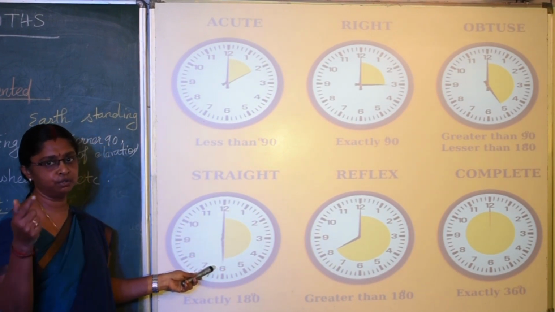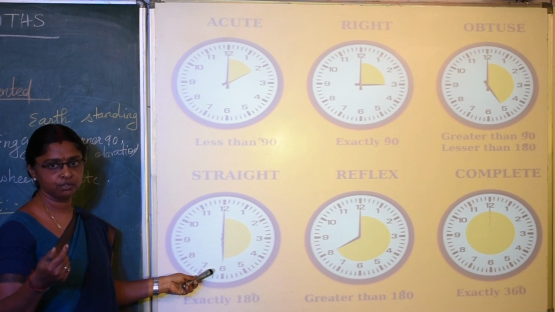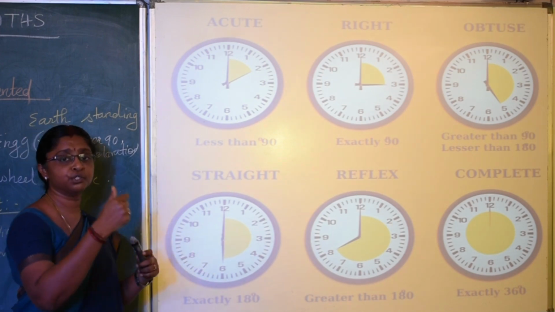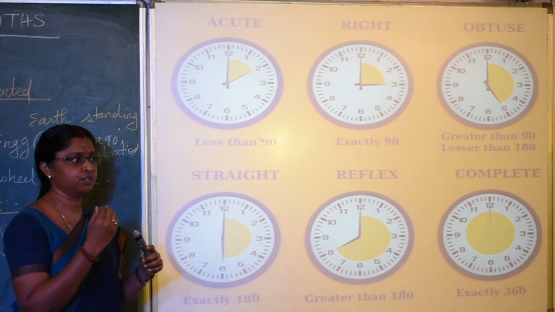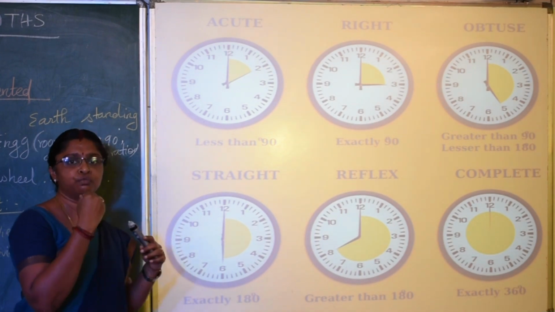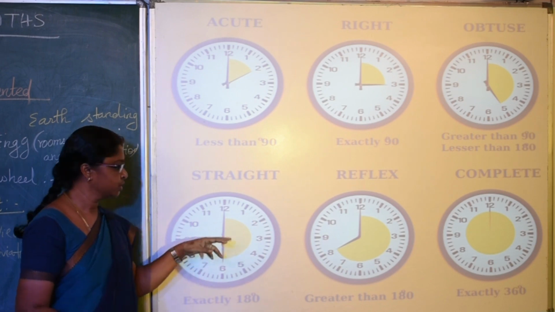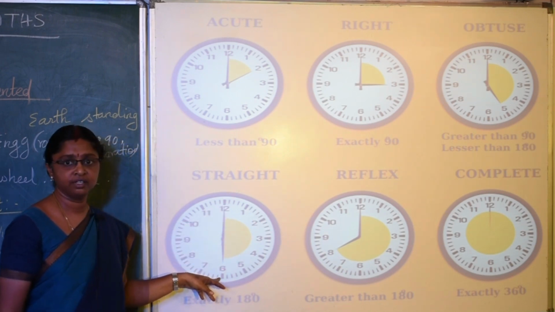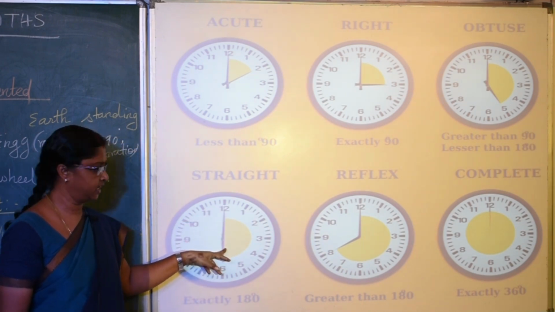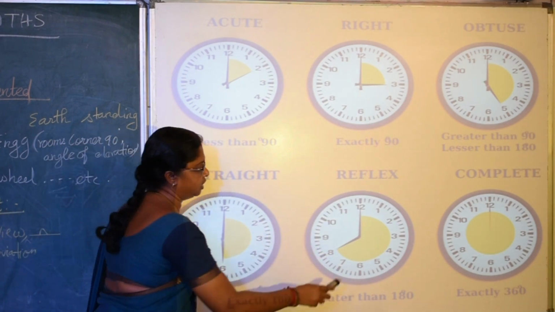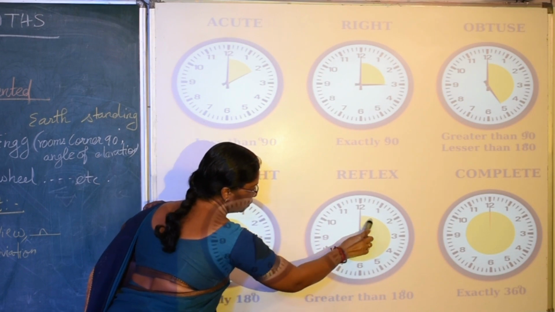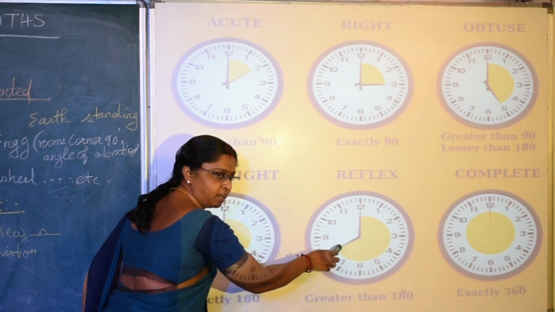Many of you may know how to see the time. From today onwards, when you see the time, you may try to find out the angles also. When it is 6 o'clock exactly, it is a straight angle. This is 8 o'clock; if you see the outer part or the inner part, it will be an obtuse angle.